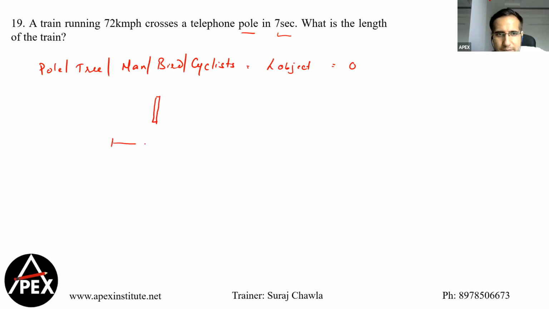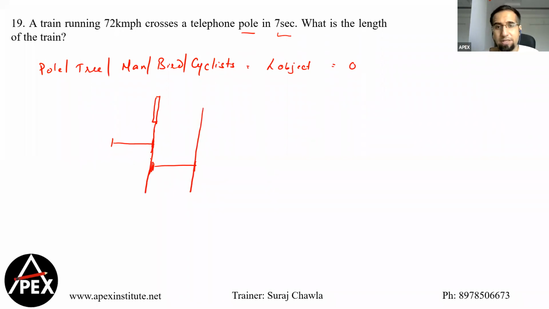So I start my watch when the train starts crossing the pole. And I stop my watch when the train has completely crossed the pole. That is what I mean by saying that the train crosses the pole. So at the 0th second, the train was here. At the 7th second, the train was here.